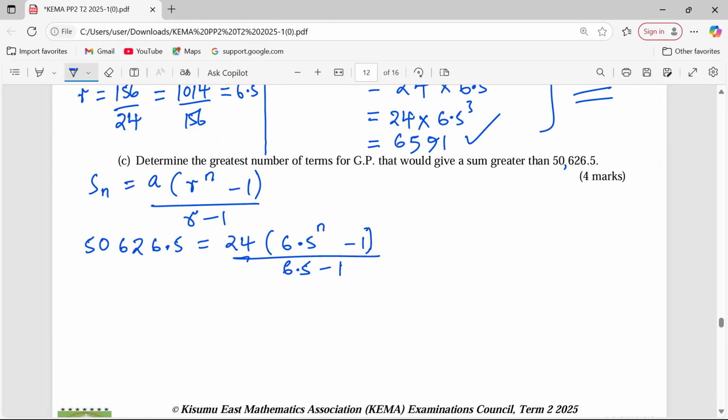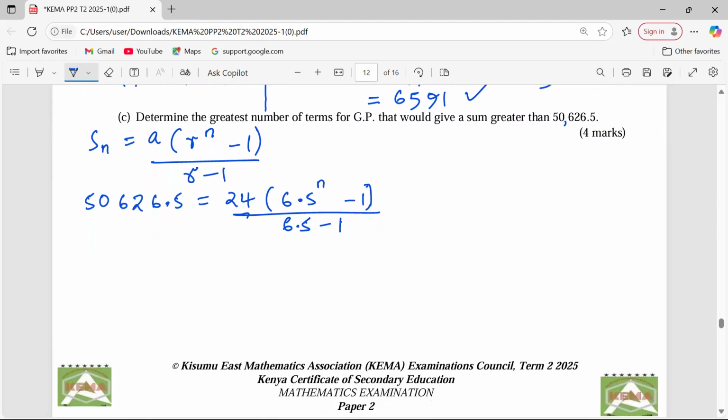That way. So now to simplify this very quickly, I can take 24 and divide by 5.5. That's 6.5 minus 1. 6.5 minus 1 is 5.5. So 24 divided by that, I'm getting 4 out of 11. So we can proceed now, or have it this way. Let me arrange everything.